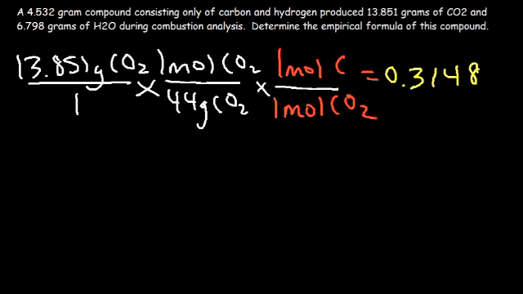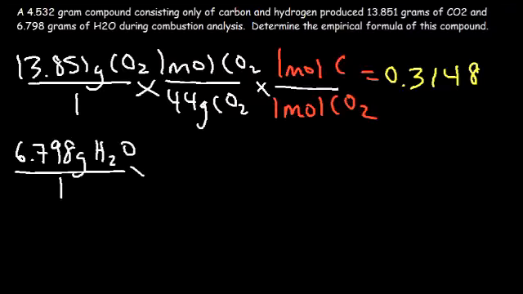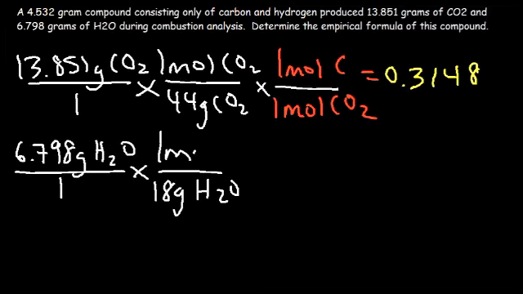Now let's do the same thing for water. We have 6.798 grams of H2O, and the molar mass of water is 2 plus 16, so it's about 18 grams per 1 mole. Now we need to find the moles of hydrogen, and notice that there's 2 atoms of hydrogen in a single molecule of water.